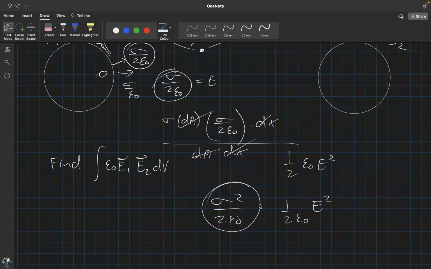Let's say this is vacuum, and now I want to do it for a medium with dielectric constant K. What you'll be getting then is half K epsilon naught, E naught by K whole square. So epsilon naught will get replaced by epsilon, and E naught will get replaced by E. Got it?